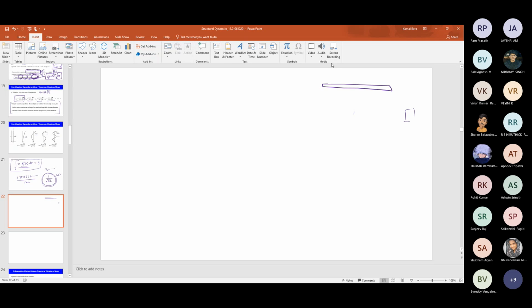But before going to that, for the mode superposition method we have to verify the orthogonality of the eigenfunctions, like we did for the multi-degree of freedom system. So I'll just briefly start today and then complete in tomorrow's class.